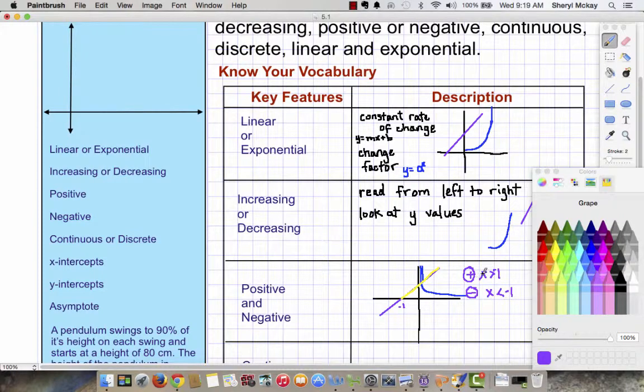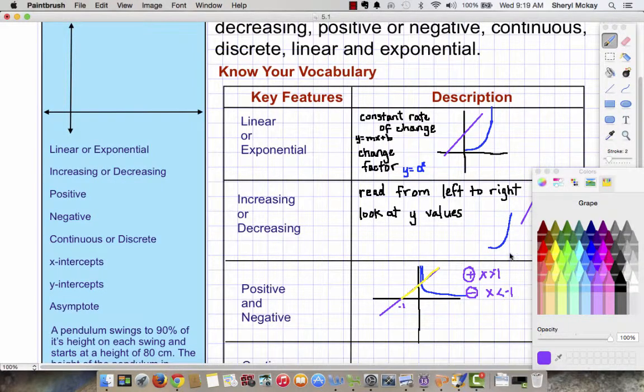Does that make sense? So when x is 0, the y value is 1. When x is 1, the y value is almost 2. Okay, so the y values are positive when x is greater than -1, but the y values are negative when x is less than -1.